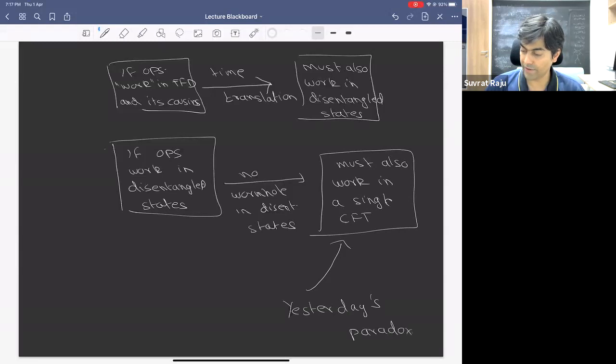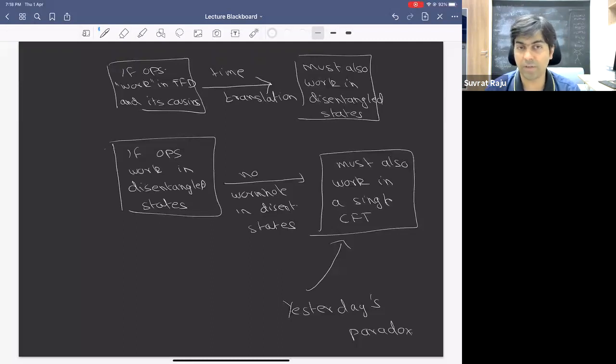We started by saying that we have these operators in the thermofield double. We have these cousins of the thermofield double, which are the thermofield double state just time translated, because we believe that time translation in the eternal black hole shouldn't have any physical difference if you time translate everything. Then we said that, therefore, these operators, whatever they are, must also give the correct effective field theory experience for the infalling observer in disentangled states.